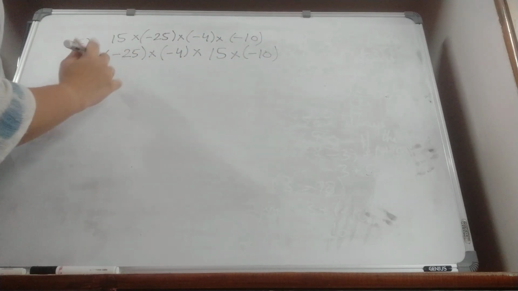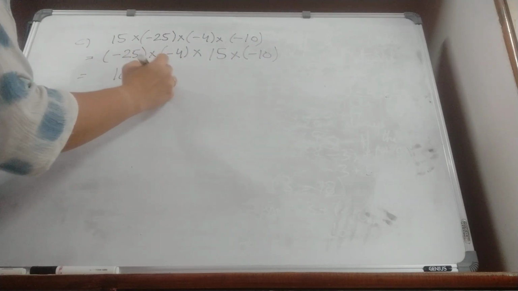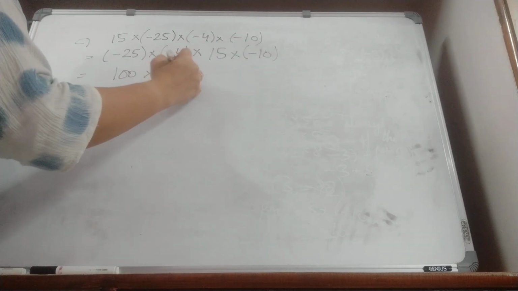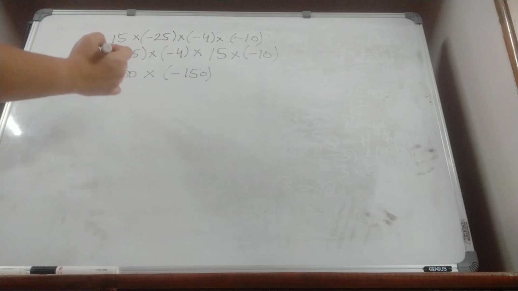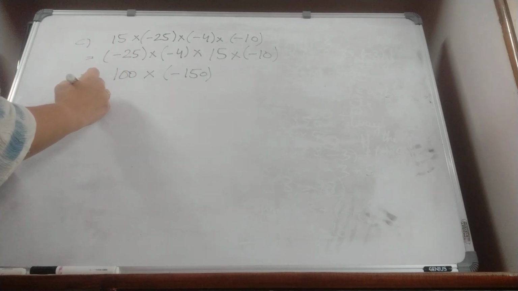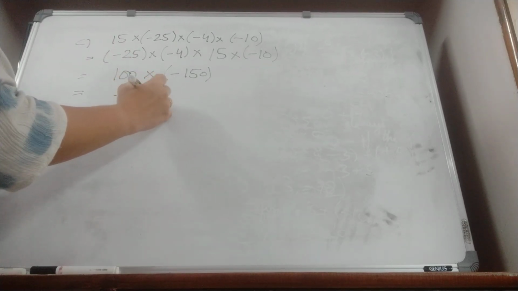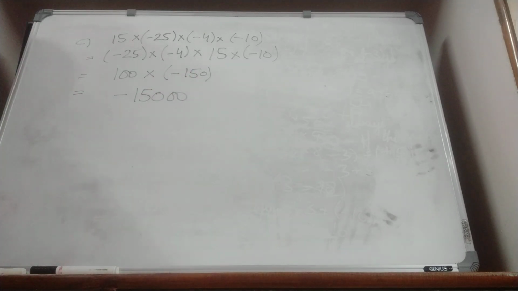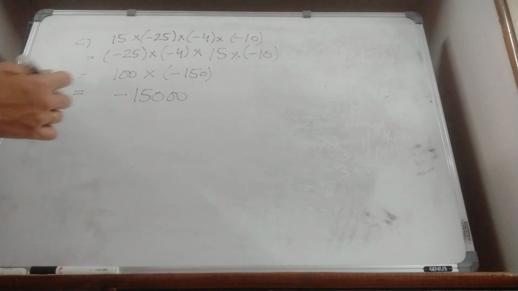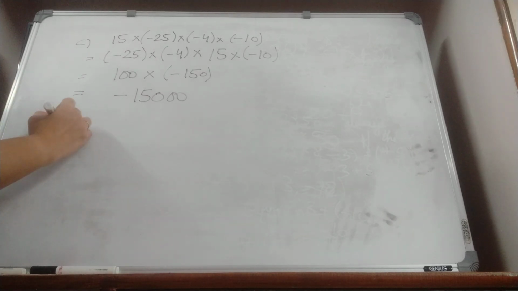So both of them are negative, so my answer will be positive. Here one is negative, so my answer will be negative. So after this we are going to be putting minus 15000. So this will be my answer. Simple and easy. Next is D part.